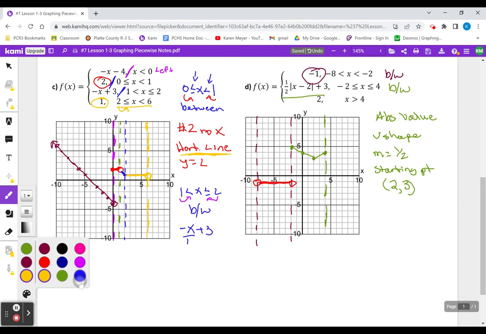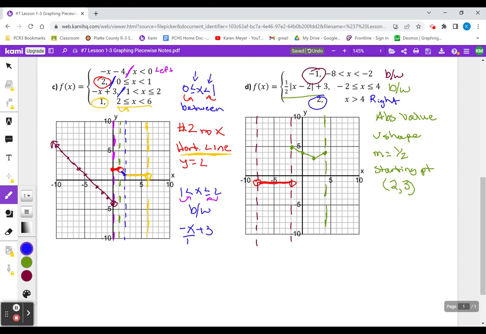Now, the last one we got, okay, we already have a dashed line at 4. This one only has one inequality, so if it has one inequality, this is where you go back to left or right. This is greater, so greater means right. And when I look at the beginning side, it has just the number 2.